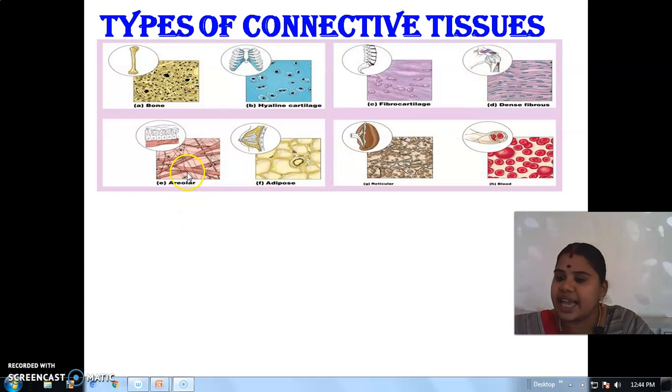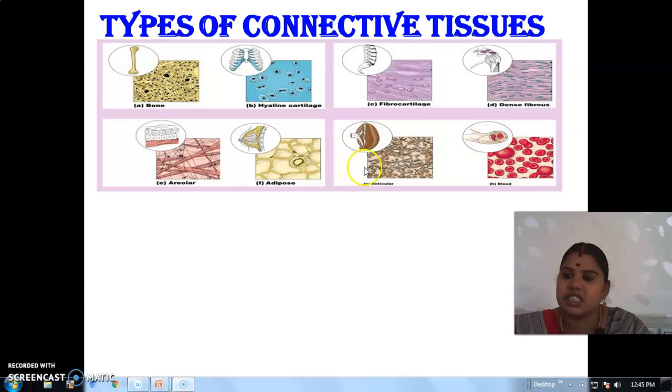Next one is the areolar. It is present in our adipose tissue. Next, this is the adipose tissue. Areolar is also a type of tissue. Adipose tissue is also present in our chest. Next is the reticular. It is present in our kidney. Next one is the blood. It is present in the blood vessels.